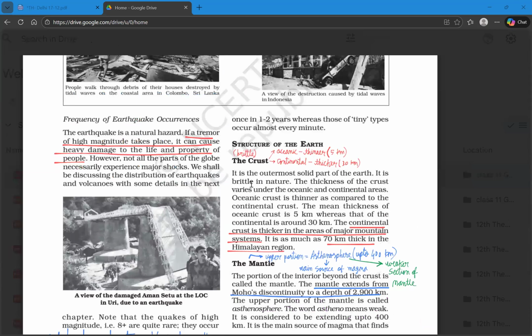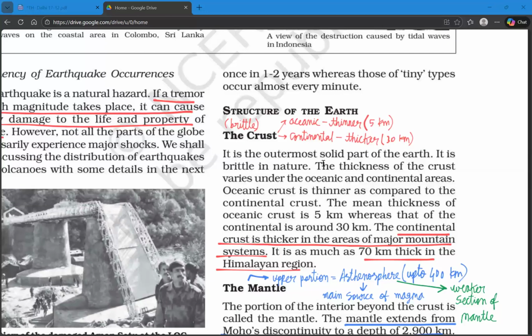The crust. It is the outermost solid part of the earth. It is brittle in nature. So what is the crust? It is the outermost solid part of the earth and it is also brittle in nature. The thickness of the crust varies under the oceanic and continental areas. The oceanic crust is thinner as compared to the continental crust. The mean thickness of oceanic crust is 5 kilometers, whereas that of continental is around 30 kilometers.